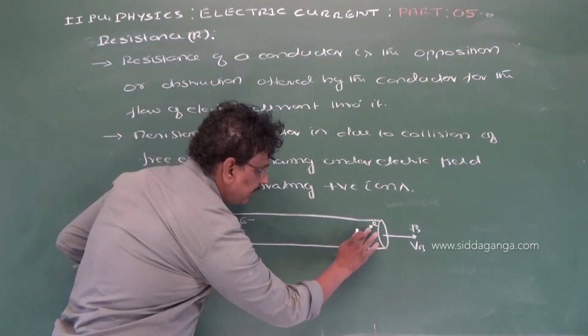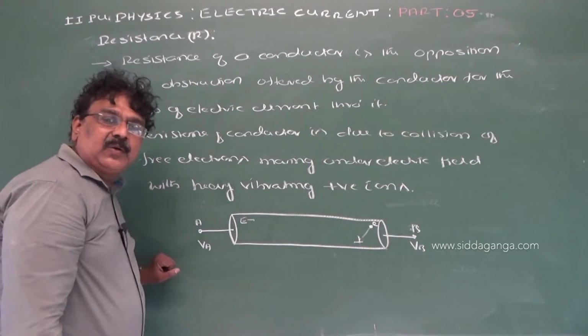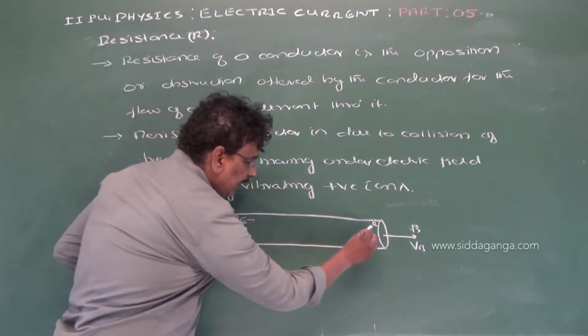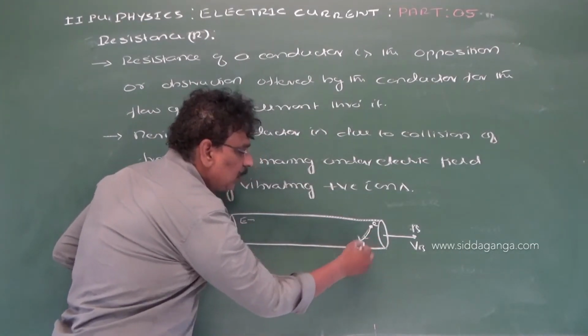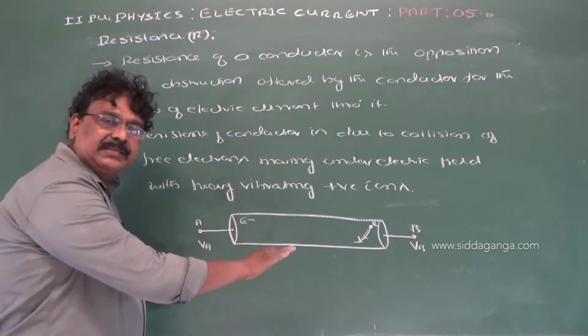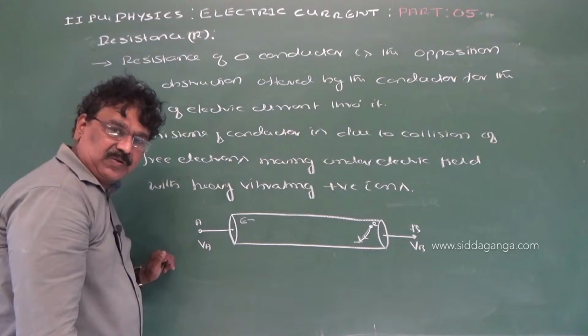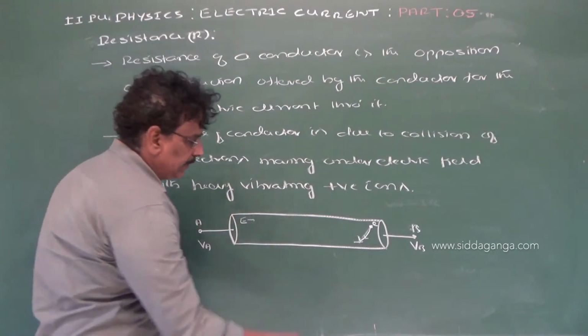Now here, the path of the electron between two collisions is not a straight line. It is somewhat a non-linear curve because it is subjected to two velocities. One is the velocity acquired under the influence of electric force due to the electric field, and another one is a thermal velocity.